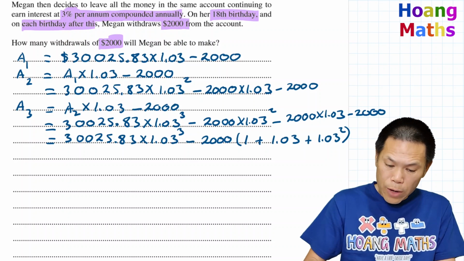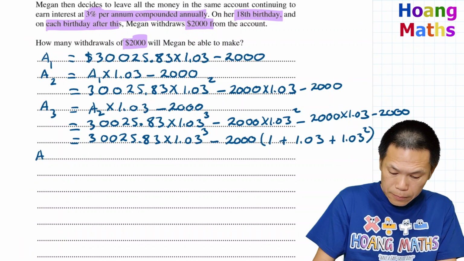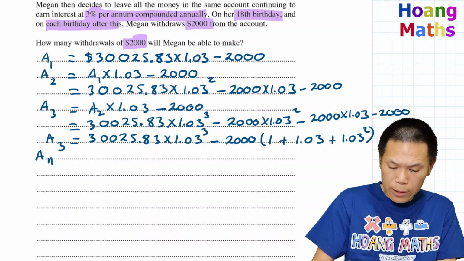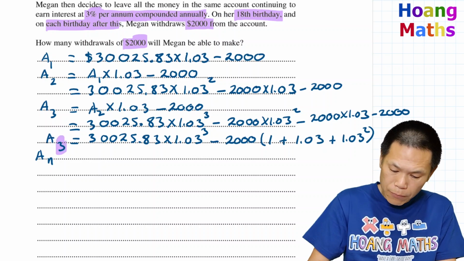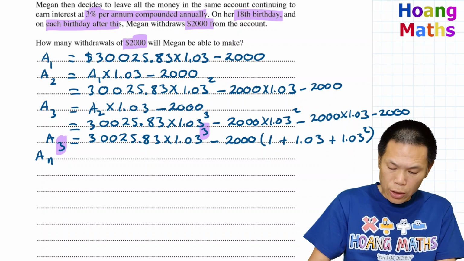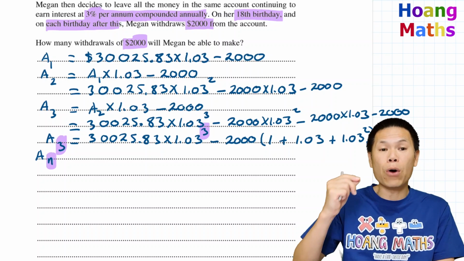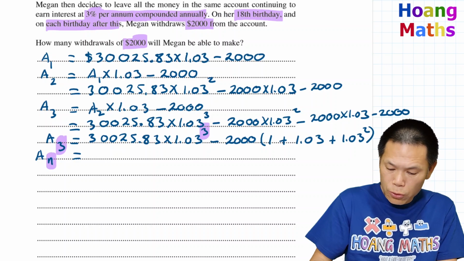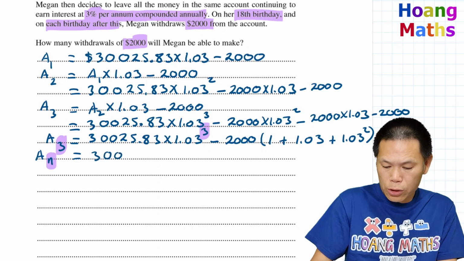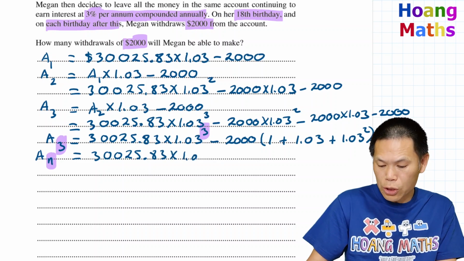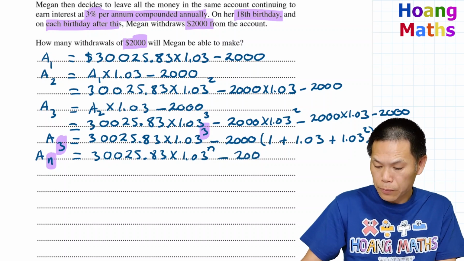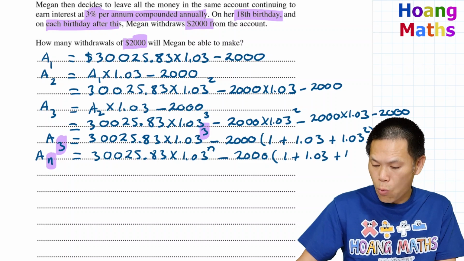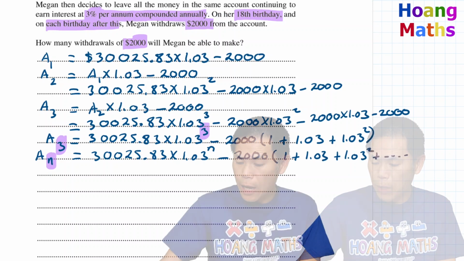So now, if we have An, and this is A3, don't forget. Now, the pattern here, if this is power 3, so if this is n, it should be power of n. So that is equal to 30025.83 times 1.03 to the power of n minus 2000 times 1 plus 1.03 plus 1.03 squared and so on.